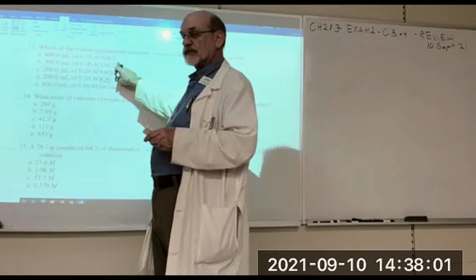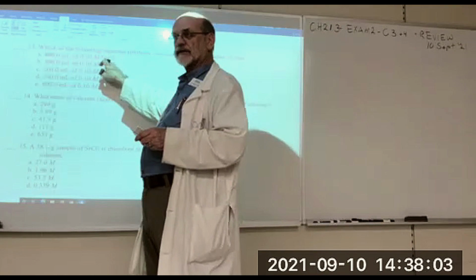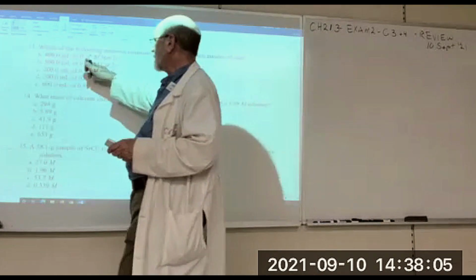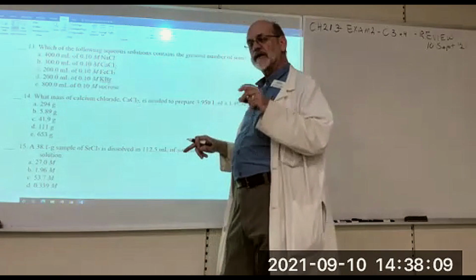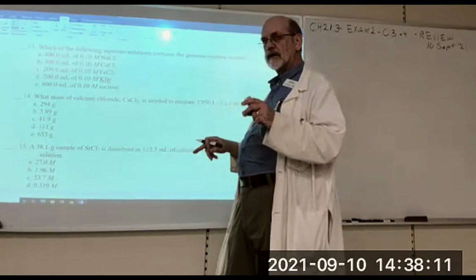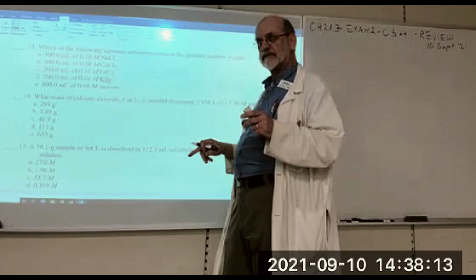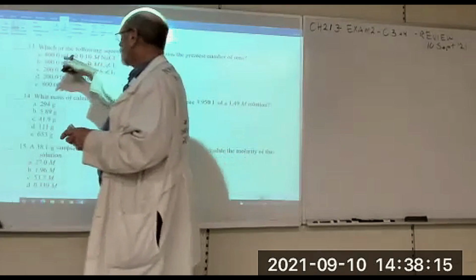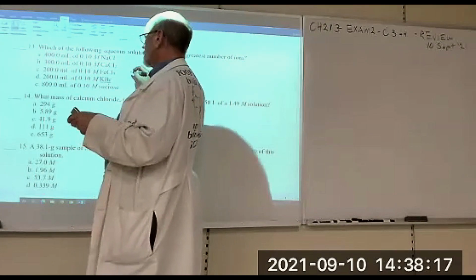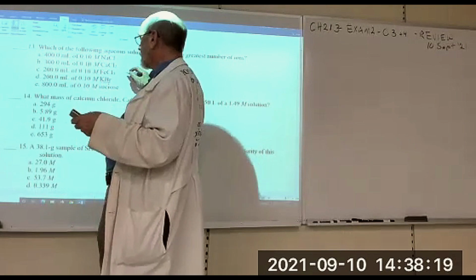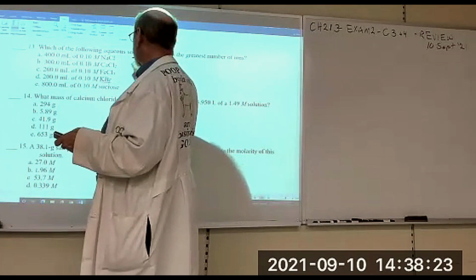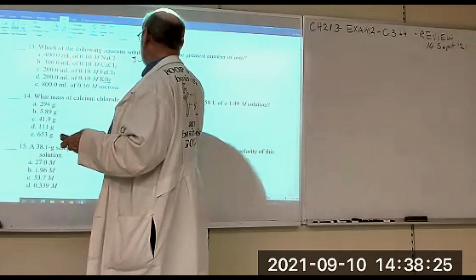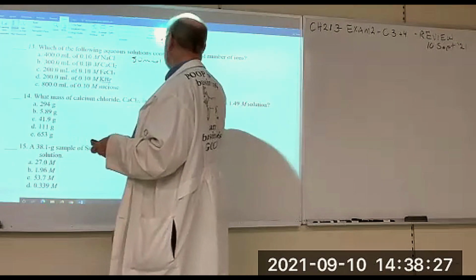But what happens in solution? It breaks up into 2 ions, doesn't it? So this would be 0.1. And did I show you the trick? If you multiply molarity times milliliters, you get millimoles. So 0.1 times 400 is 40 of this, but 80 of ions. So this would be 80 millimoles of ions.